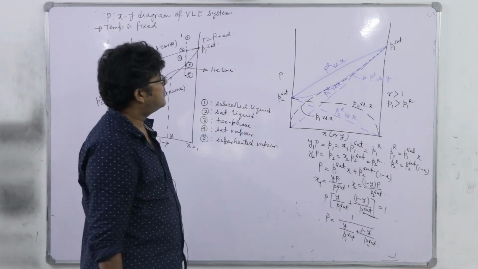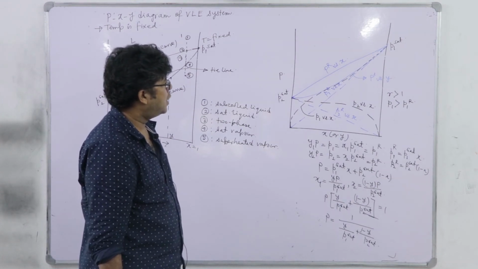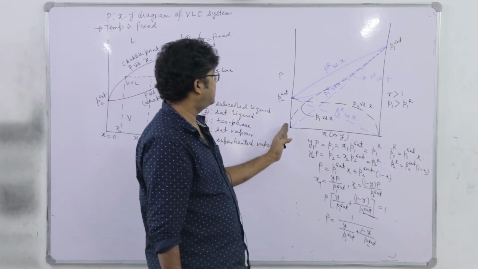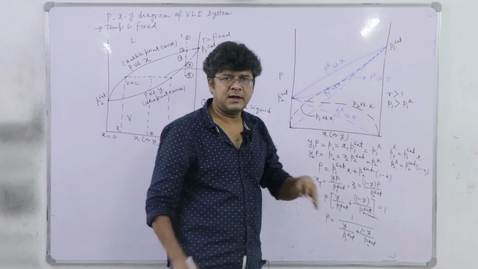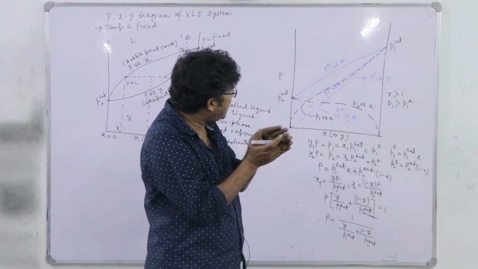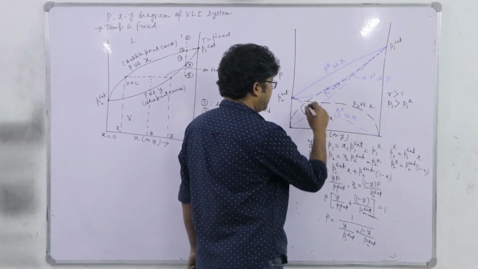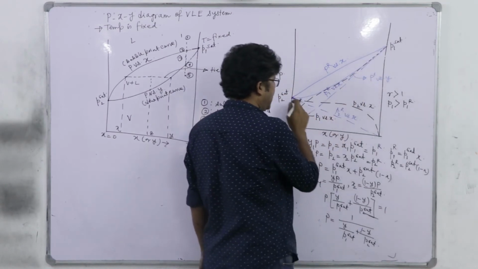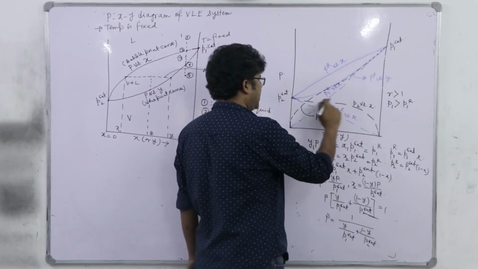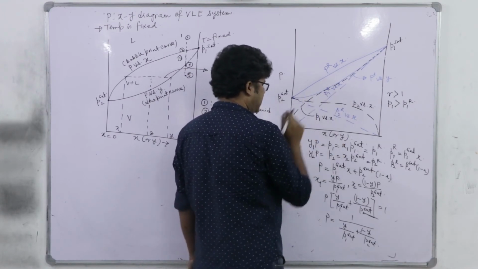Now, question is why this curve deviates from here and merges with the P1R when we have this x1 or x2. Here x1 is tending to 1, so it is merging with this Raoult's law, the ideal curve, and here x2 equal to 1 in this direction, so it is also merging with this ideal curve.